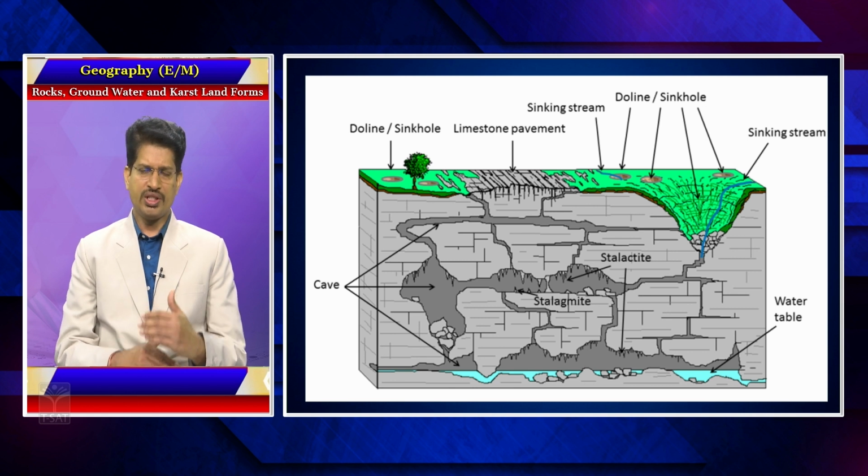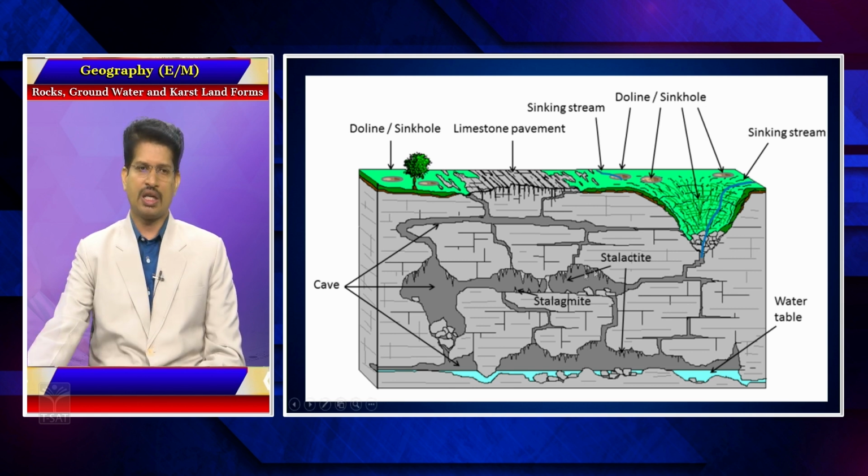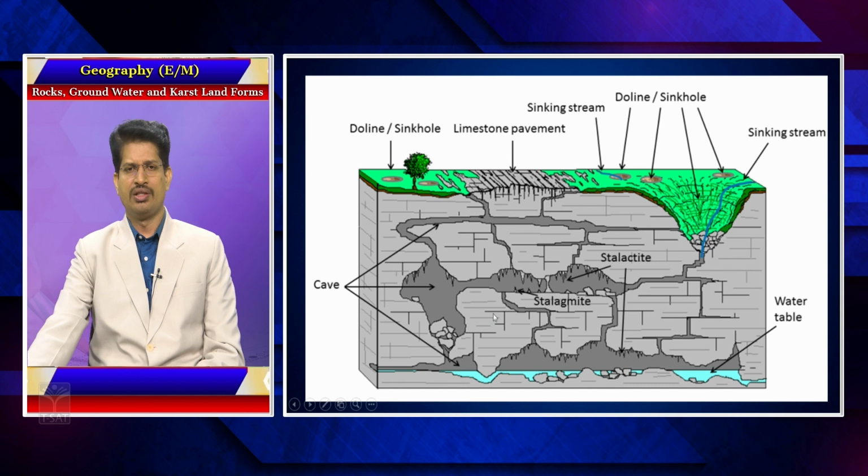So, it leads to the formation of caves inside. These are known as caves. For example, these caves are formed because of the solutional activity on limestone and dolomite.